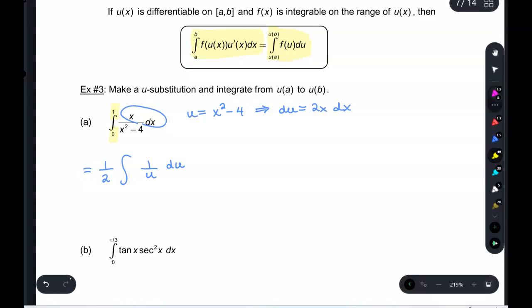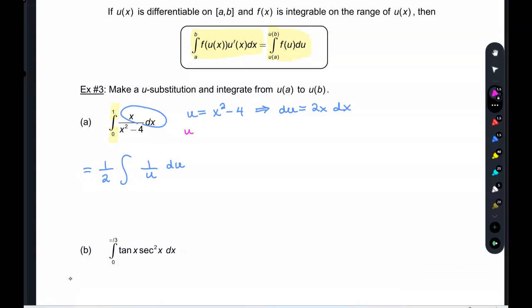So in this case, I want to say, all right, what happens when I plug in 0 for x? Take my original function, x squared minus 4. If I plug in 0, I get negative 4. So that's my new lower limit of integration.